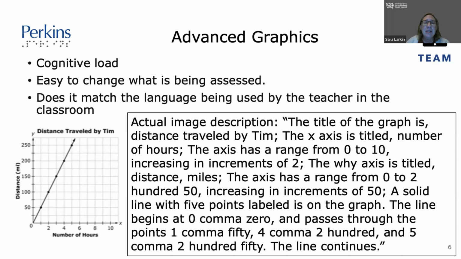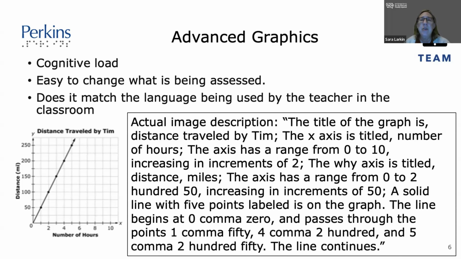The y-axis is titled distance miles. The axis has a range from 0 to 250, increasing in increments of 50. A solid line with 5 points labeled is on the graph. The line begins at 0, 0 and passes through the points 1, 50, 4, 200, and 5, 250.